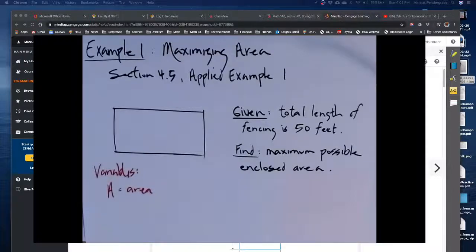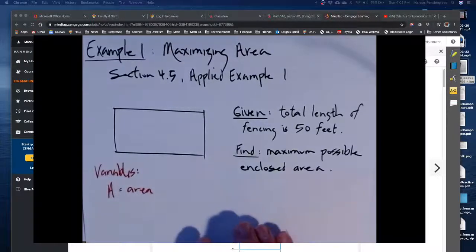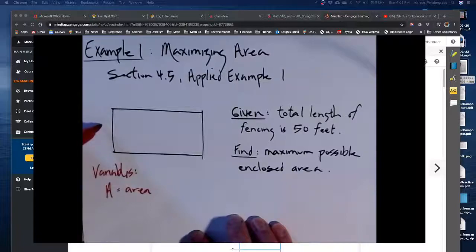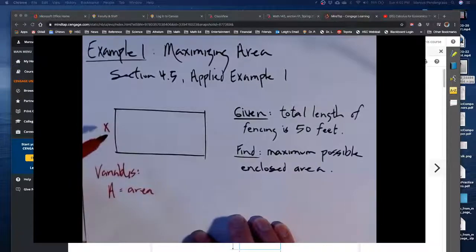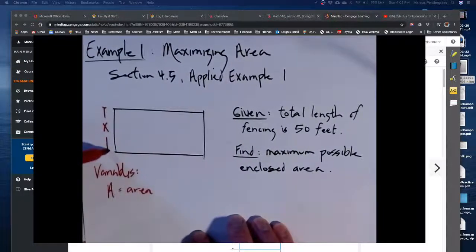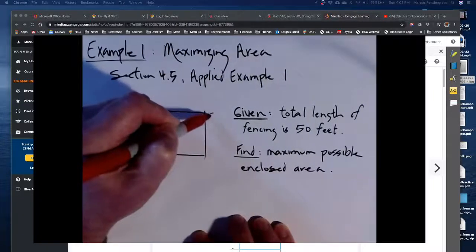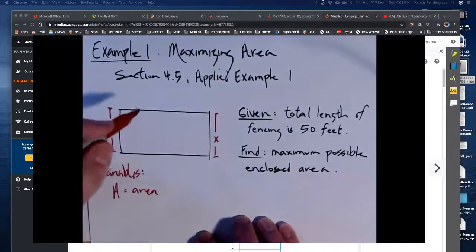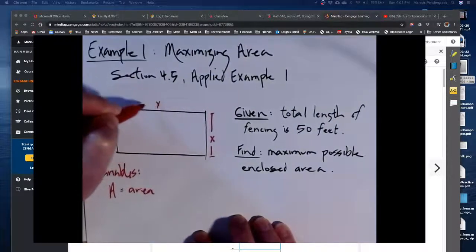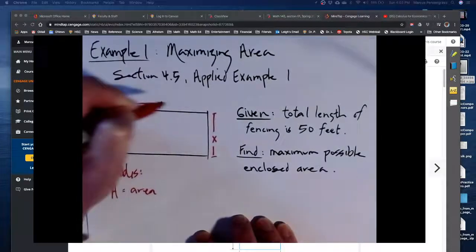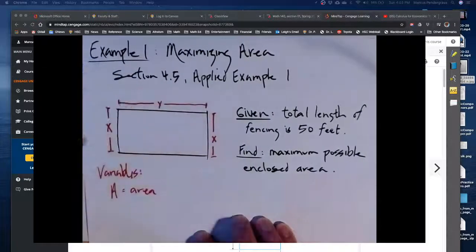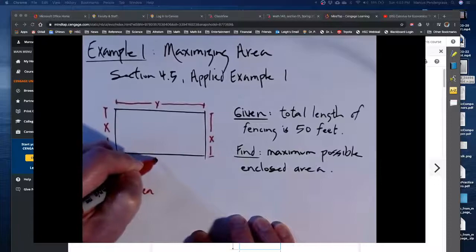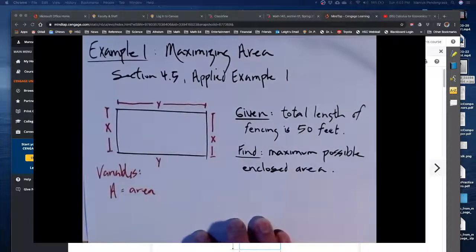One idea would be to think about the amount of fencing you're going to use on the sides. That would be an X, that length here for that side, and of course the opposite side would have the same length, so that would be another X. Then a length for the front and back of the garden, which I'm going to call Y. Of course the front and the back would have the same length as well.